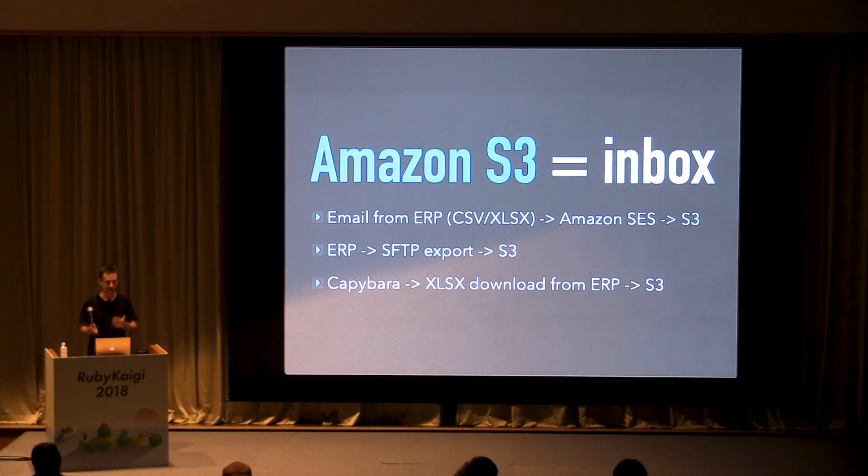Same, maybe you have an ERP which provides some SFTP upload, so you just provide an SFTP server and then it will relay to S3. Or, for the more adventurous of you, you can provide Capybara and a headless browser to go through the site, provide the credentials and download the XLSX file, which you then put to S3.